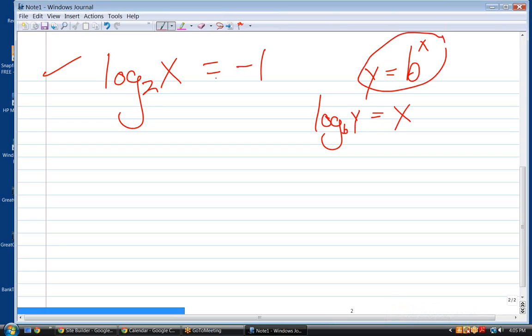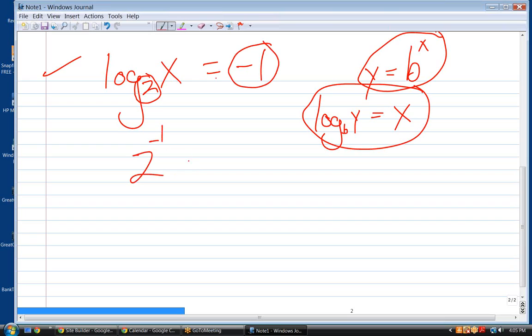So these two are equivalent. The way to solve the log expression is to express it exponentially. I take the number on the far left, raise it to the power of the number on the far right, and it's equal to the argument. So I have 2 to the -1 equals x.